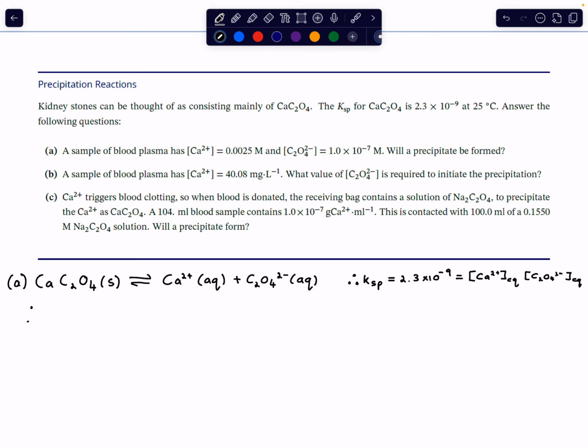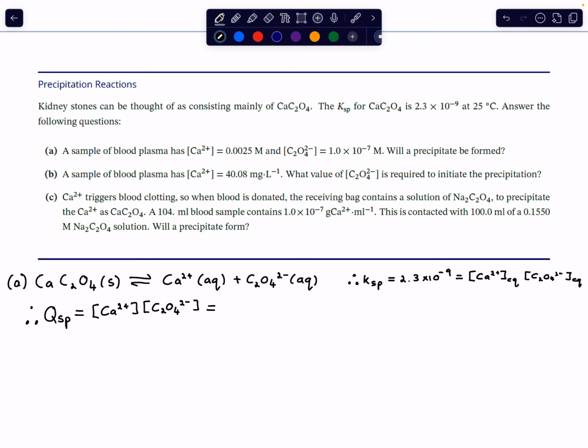So the ion product, which we call QSP, is equal to the same expression as KSP, but with non-equilibrium concentrations. So that's equal to calcium 2 plus multiplied by C2O4 2 minus. That's QSP.